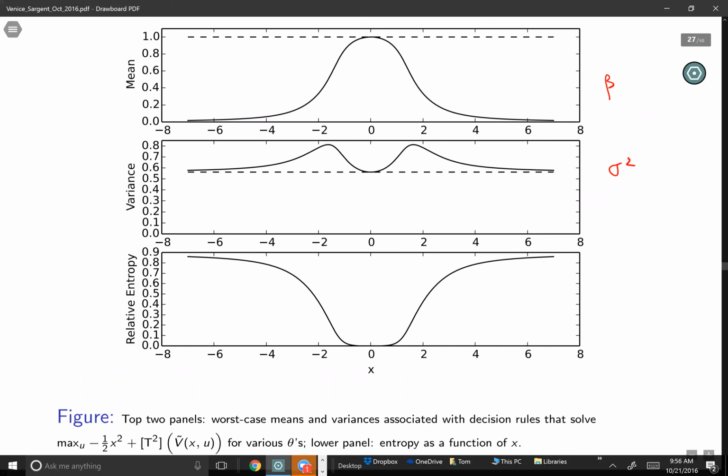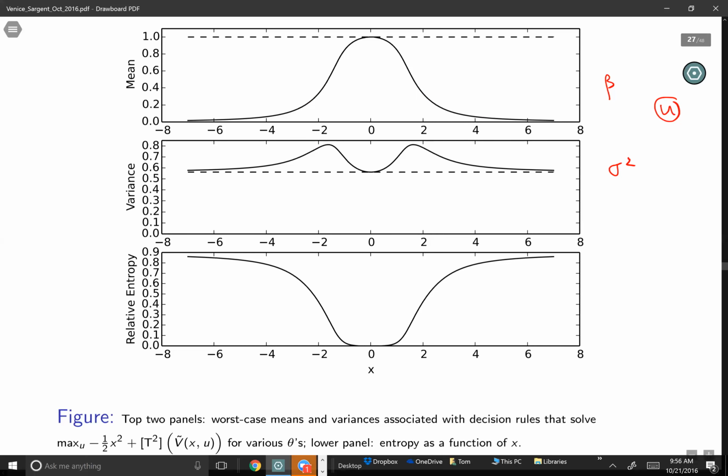And what is beta? Beta tells you how powerful your instrument is. So what you notice is, as we deviate from x equals 0, at x equals 0 the minimizing agent chooses not to distort at all.